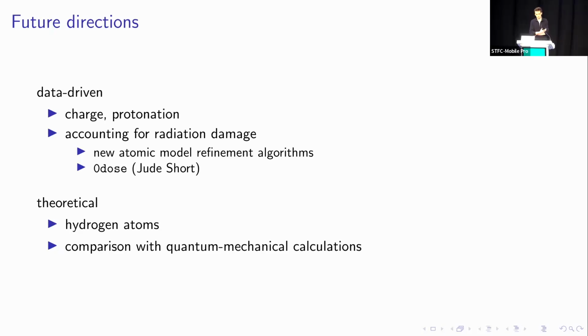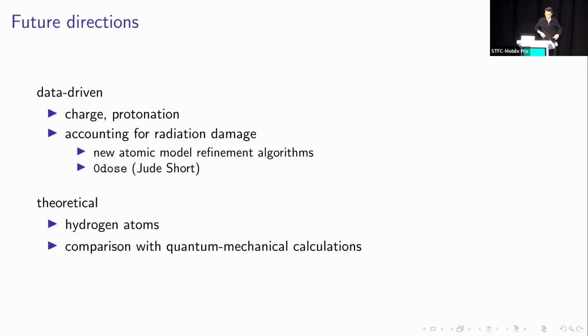And the other main issue is radiation damage, which I've only touched on briefly in this talk, but it will definitely affect the results, so it needs to be accounted for. And we're working on new atomic model refinement algorithms in order to address that. And we're also working with the zero dose program from Jude Short, from Chris Russo's group, in order to produce damage corrected maps.